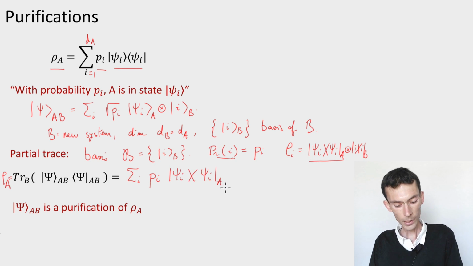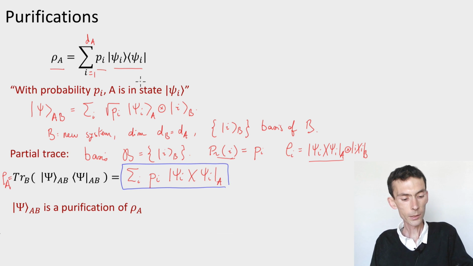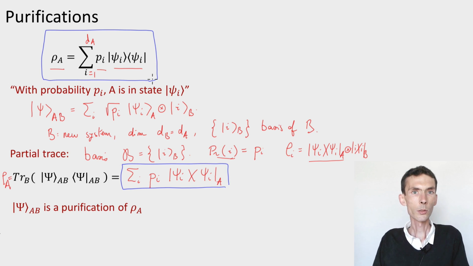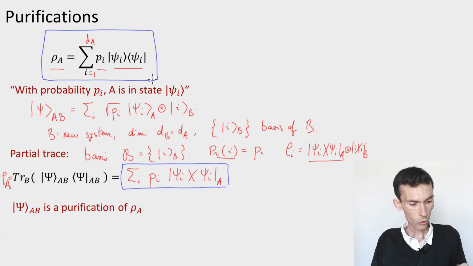And you can verify that, as claimed, the result that I obtain here is exactly the state that I started from. And I didn't make any assumption about that state. This was just an arbitrary density matrix on A. So any such state that can be obtained the way that I've obtained it, such that its reduced density on the system A is the given density matrix, is called a purification of the reduced density.